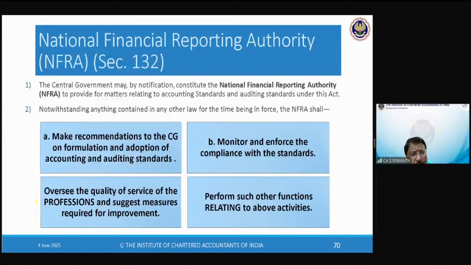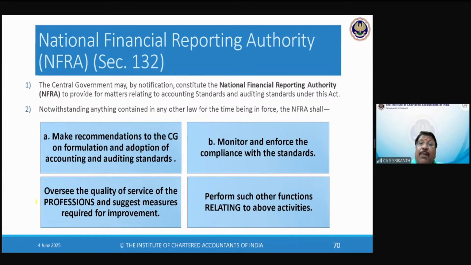Now, because NFRA makes a recommendation to the ministry, the central government announces it. CG here means central government, not corporate governance. Once it goes to CG, it will announce it through notification or whatever.